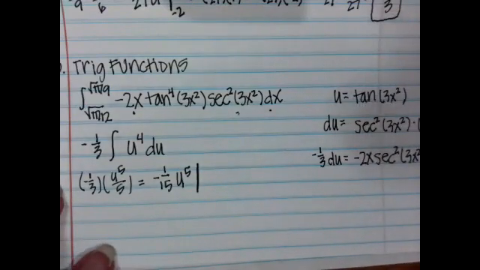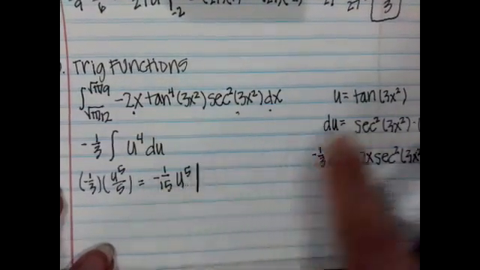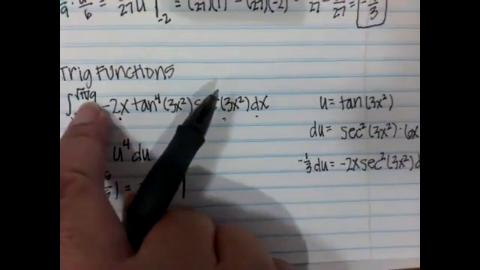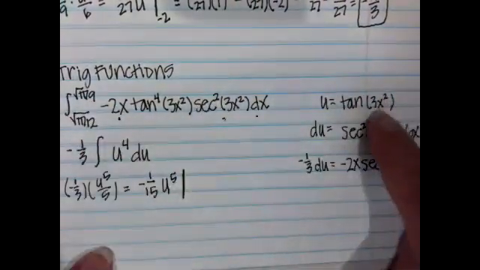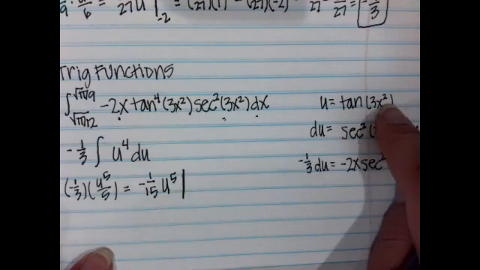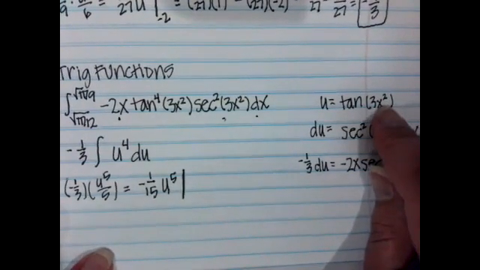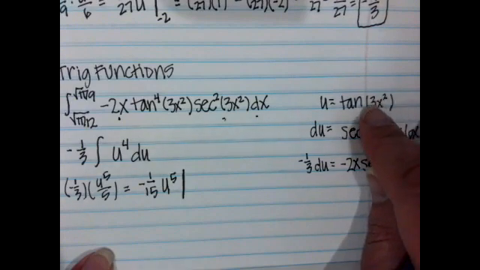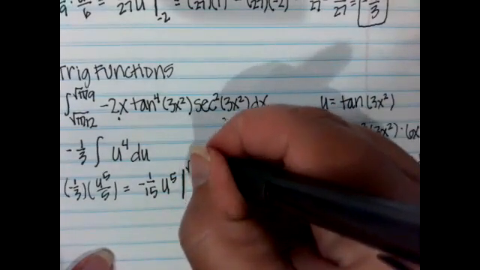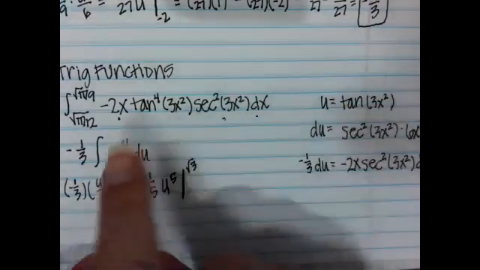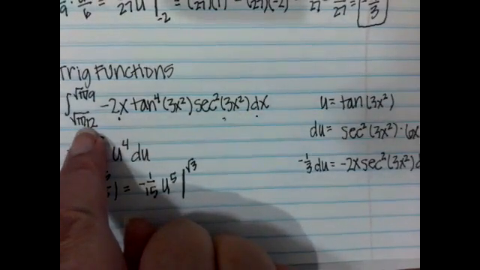Okay, so to find the new numbers, I've got to plug root pi over 9 into this. Well, root pi over 9 squared is just pi over 9, times 3 is pi over 3. And tangent of pi over 3 is just root 3. And then I'm going to plug in root pi over 12.